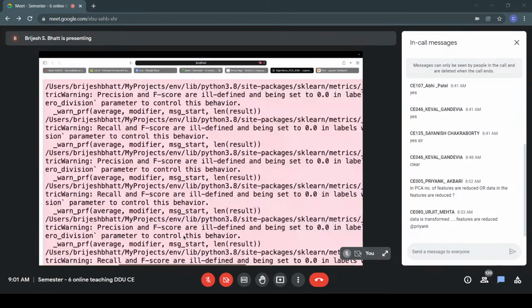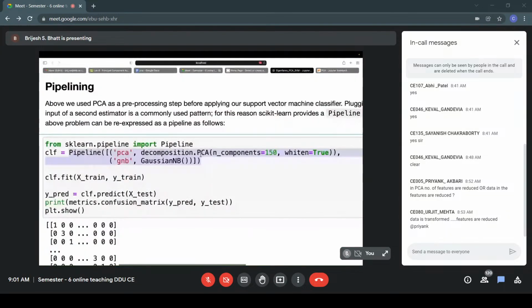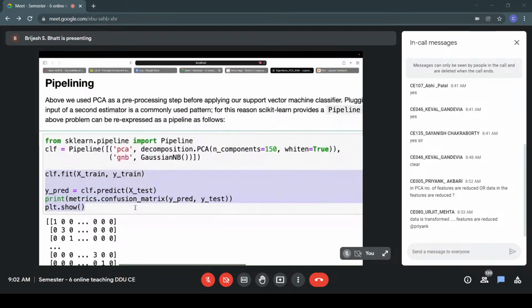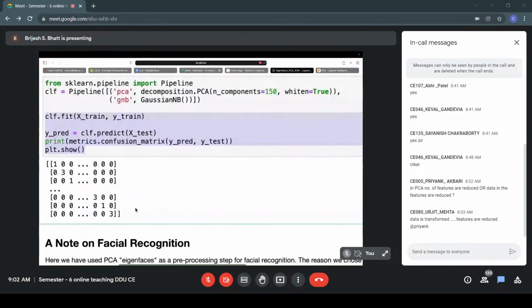You can call pipeline, and in pipeline you can define the two functions. One is the PCA function, the decomposition function. Second is the Gaussian naive-Bayes function. So it will do the things in sequence automatically. You don't need to write separate instructions, but the rest of the things remain the same. So fit the model, make predictions, and calculate precision and recall.